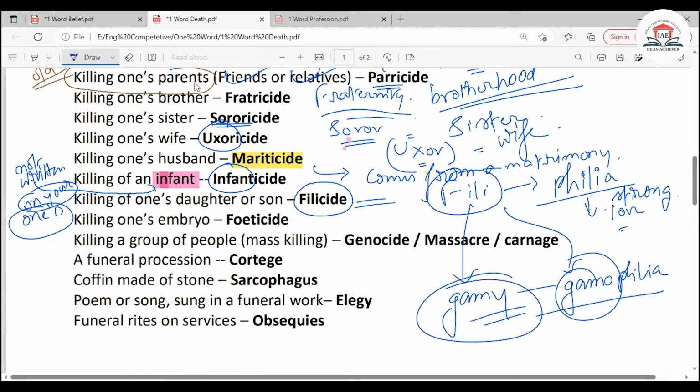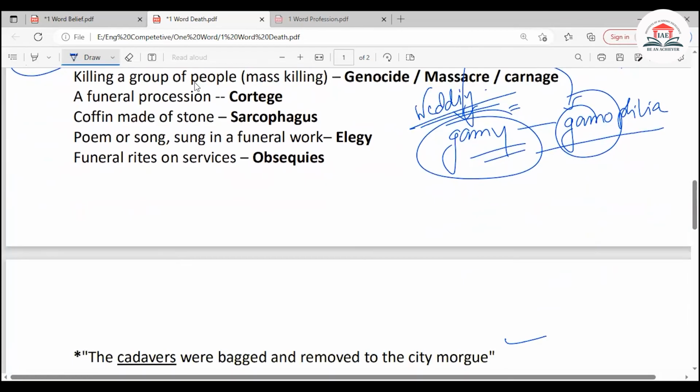Marriage, wedding. Right? That means a strong attraction for getting married. So that's called gamophilia.